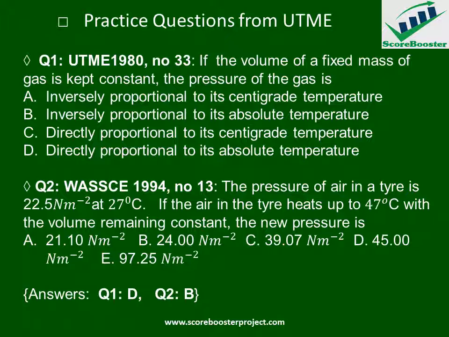If the air in the tire heats up to 47 degrees Celsius with the volume remaining constant, the new pressure is A. 21.10 Newton per meter square, B. 24.00 Newton per meter square, C. 39.07 Newton per meter square, D. 45.00 Newton per meter square, E. 97.25 Newton per meter square.